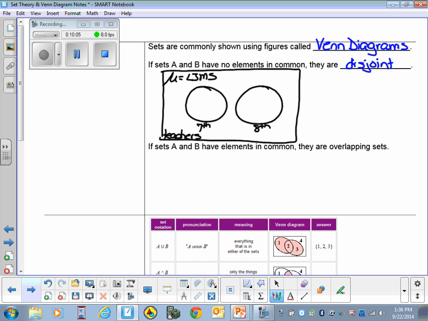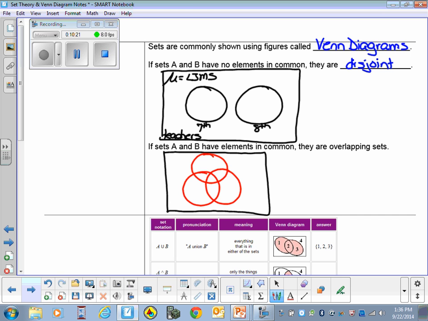Now, if we have elements in common, we have overlapping sets. And with overlapping sets, you have probably seen 2 circle and 3 circle overlapping sets. What's the universe for this one? Haven't decided yet. Let's make the universe 0 through 9.